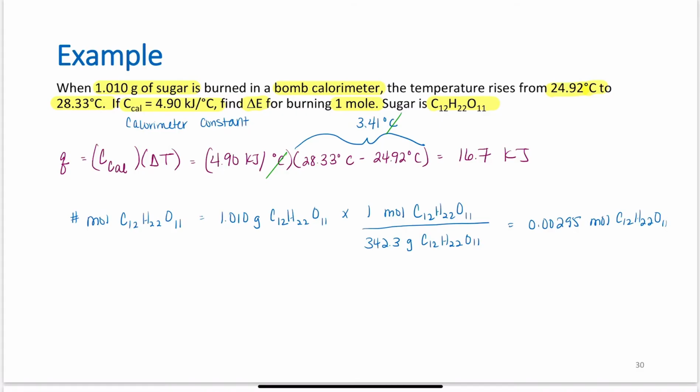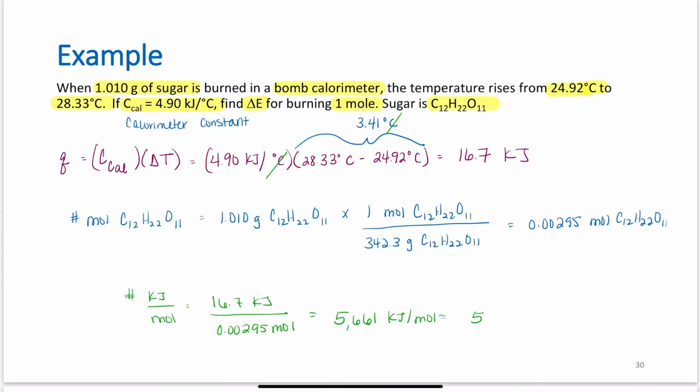So, I want to know how much to burn 1 mole? Well, let's figure out. That means number of kilojoules per mole. I generated 16.7 kilojoules of energy as my change in energy, and that was based on 0.00295 moles, which means sugar would burn 5,661 kilojoules per mole.